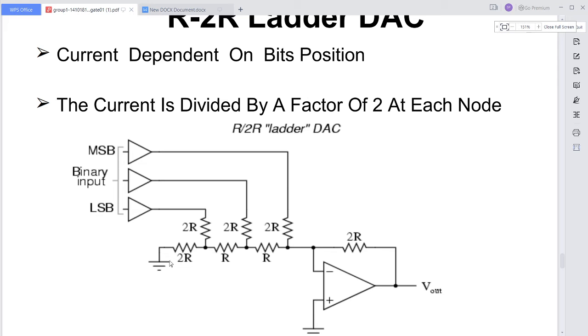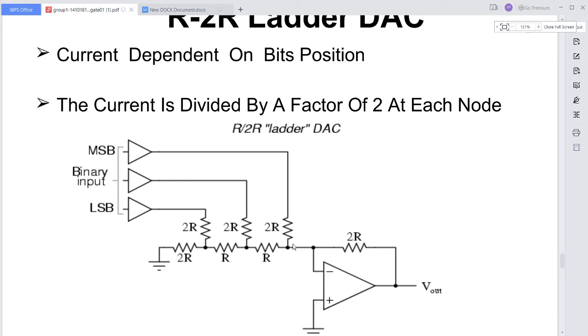When the 2R and the 2R are parallel to each other, the equivalent resistance is R. Now the R is in series with the R, again it is 2R. Now this 2R is parallel with the 2R, so that will be R, then R plus R is 2R, such that you can get up to here, this is R only.